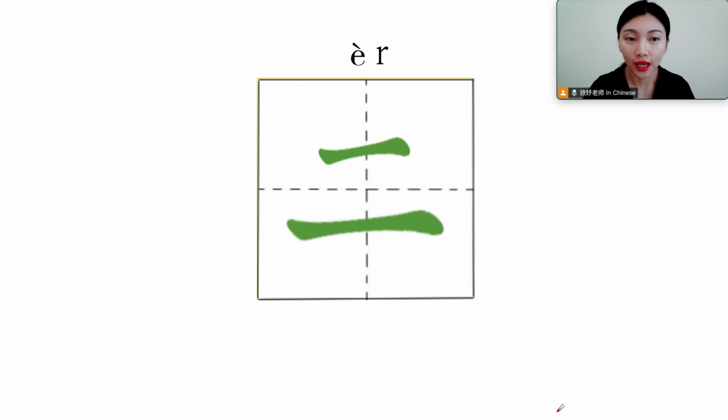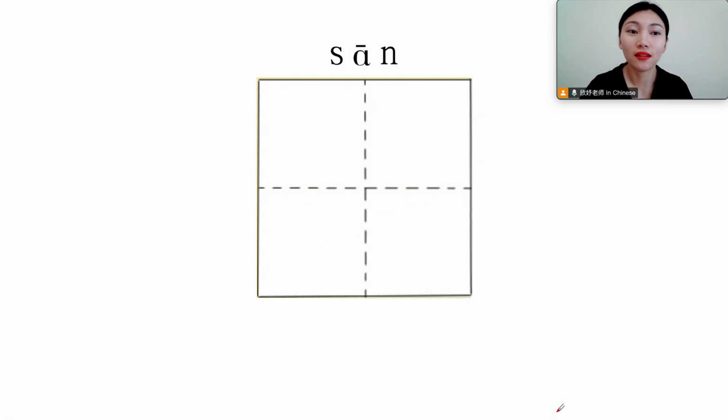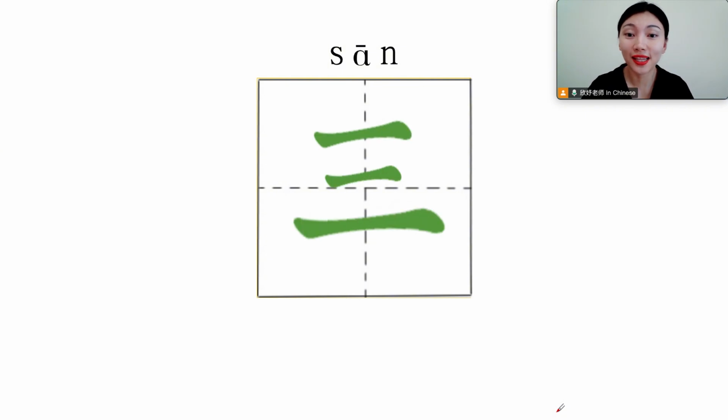First, you write the first horizontal line and then another one. Very good. And 三, number 3. How to write 三? It has three horizontal lines. 一, 二, 三. Okay. But pay attention to the middle one. The middle one is shorter than the other 2.